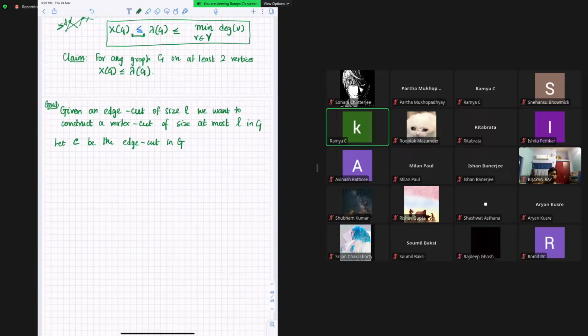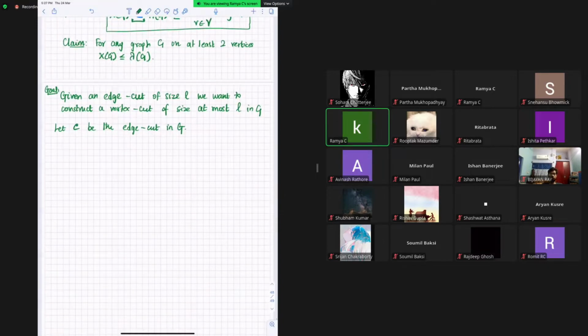So let's try to formally write down what we just said. So C is an edge cut. What you know is if I remove the edges in C, the graph will become disconnected. So this set C definitely separates a set of vertices S from the remaining set, V minus S. So in other words, you have something like this.